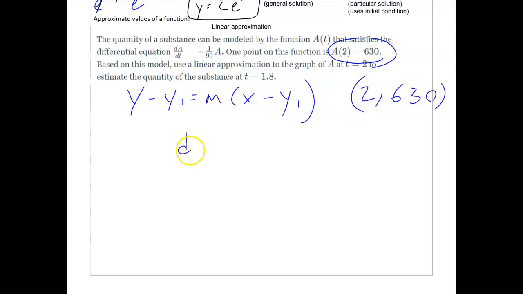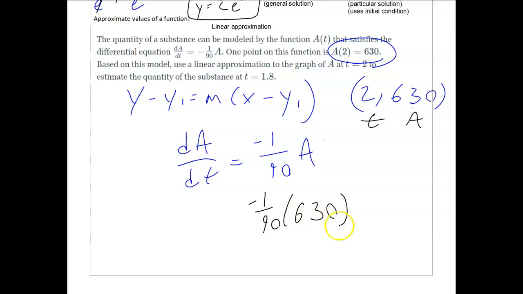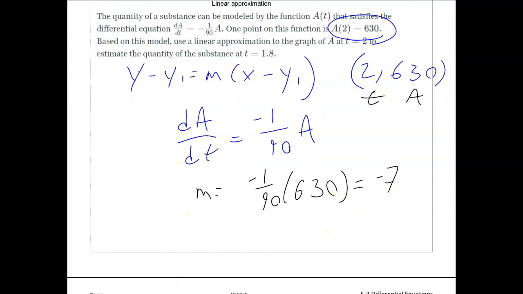So I know that dA dt is equal to negative 190 a, right? And here is the only trick to this that is somewhat new. We are not plugging in the x value here. We are plugging in the y value in this case. So this is my slope, right? That's going to give me negative 7.